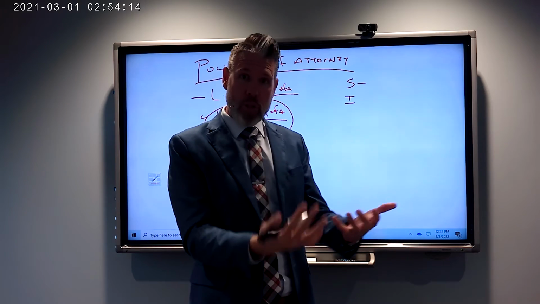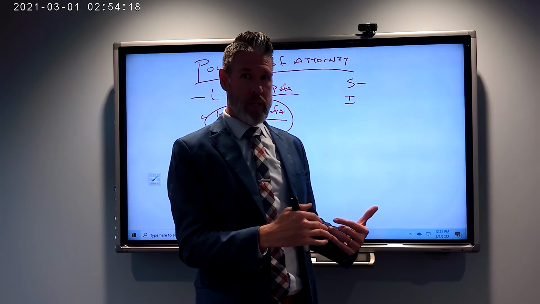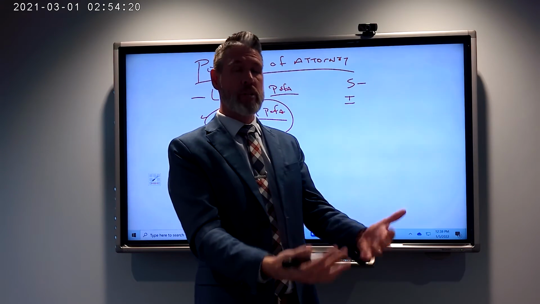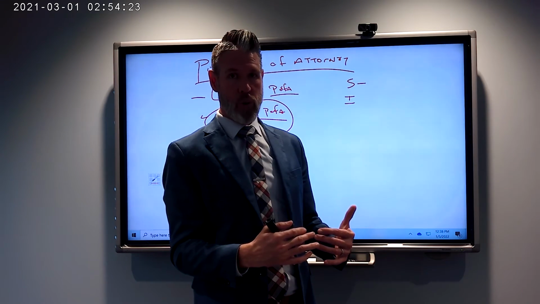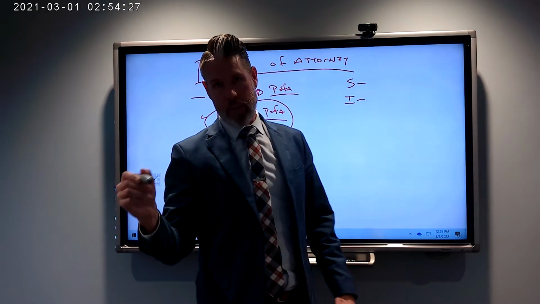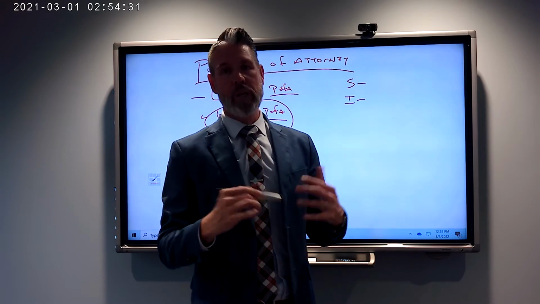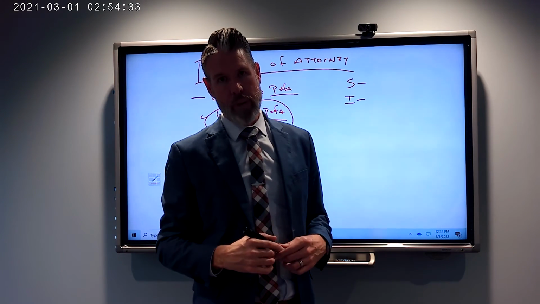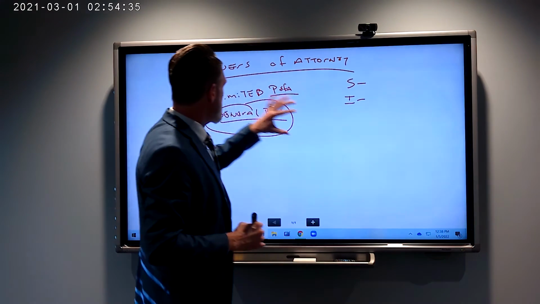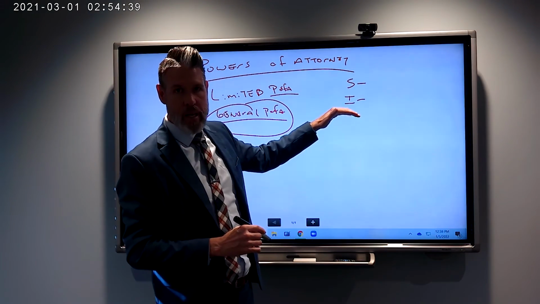So your agent can't actually take over and do anything for you until you become incapacitated, right? So once I get Alzheimer's or dementia, then my agent can take over and do everything. Immediate says as soon as I sign this document, as soon as I sign my power of attorney, my agent has immediate ability to do everything that they need to do on my behalf. So it's limited, general, it's either springing or it's immediate.